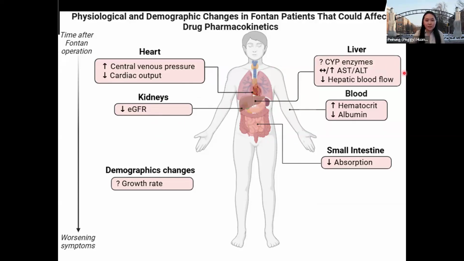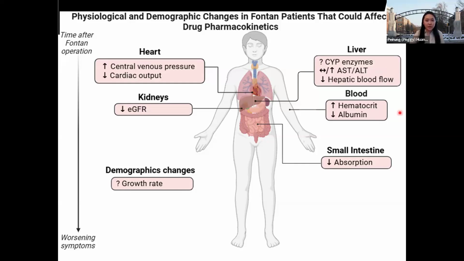And then some data has shown that AST/ALT levels are not directly correlated with the degree of liver congestion from fibrosis. And we also expect that the hepatic blood flow will decrease in this patient population.